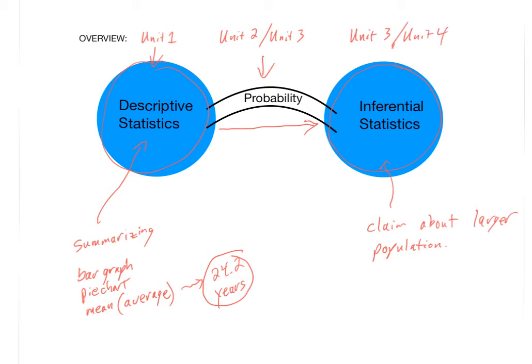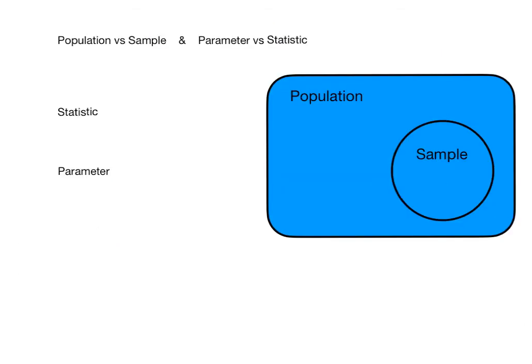Let's now get into some of the basic vocabulary that we need. So first, 4 key words here we need to establish: the difference between a population and a sample, and the difference between a parameter and a statistic. The population is the set of all possible data points that you're interested in understanding. So, for example, let's say we want to figure out what percent of high school students vape.